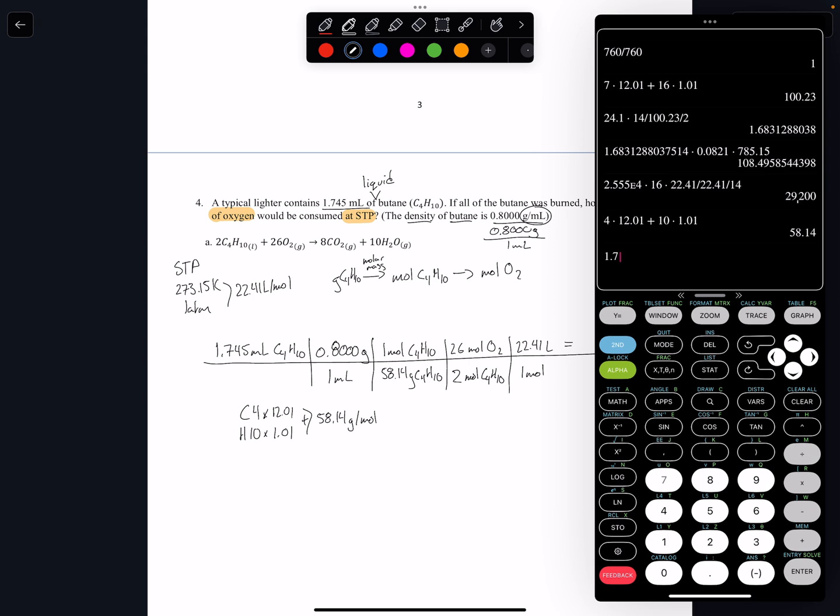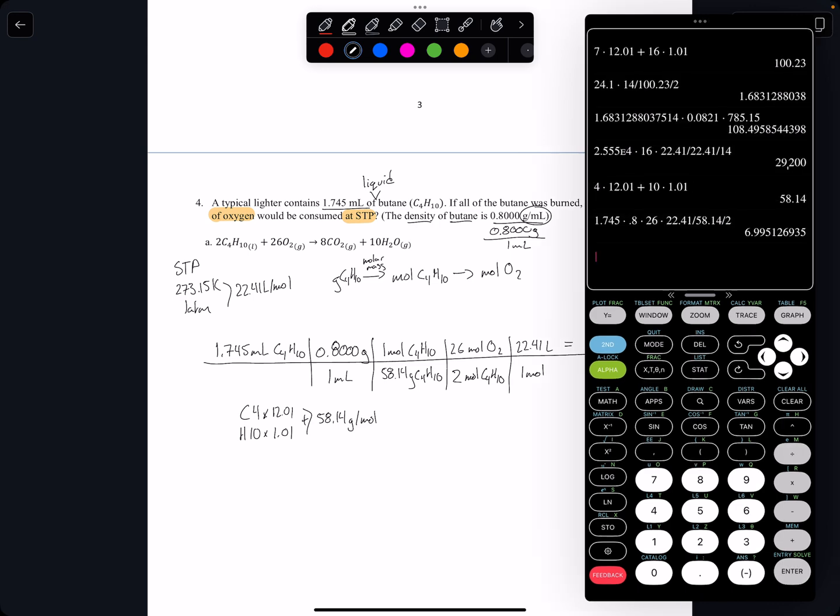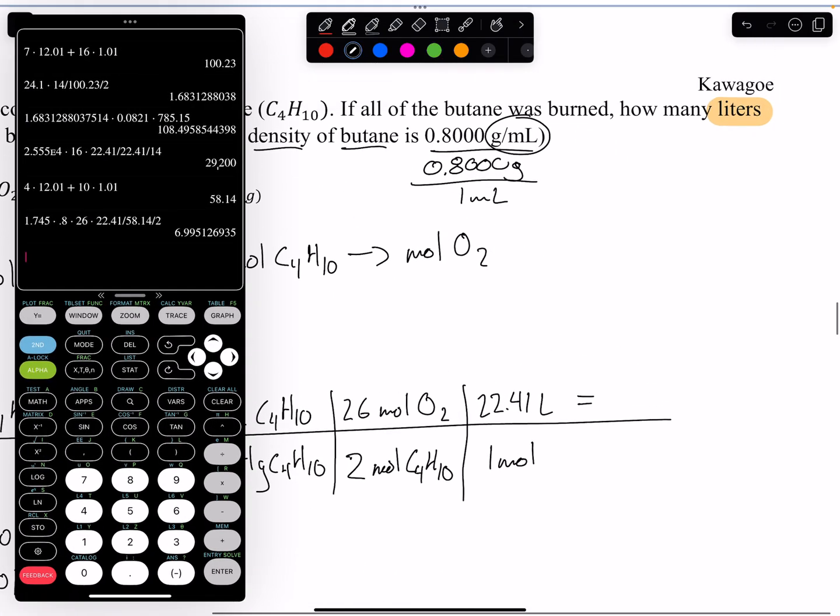So 1.745 times 0.8 times 26 times 22.41 divided by 58.14 divided by 2. And that gives me 6.995 liters of oxygen.